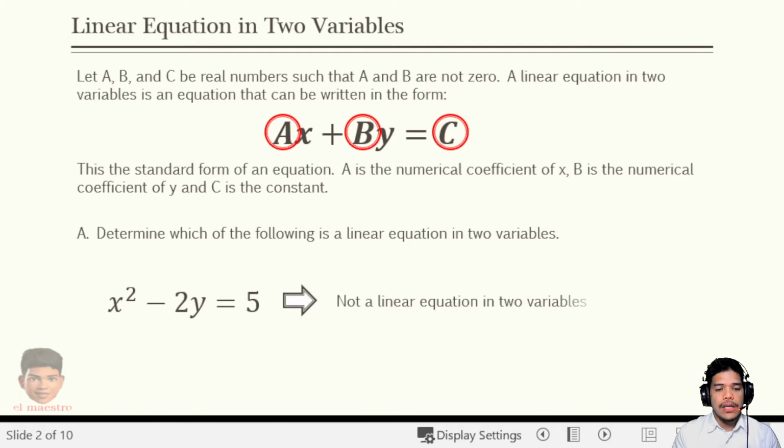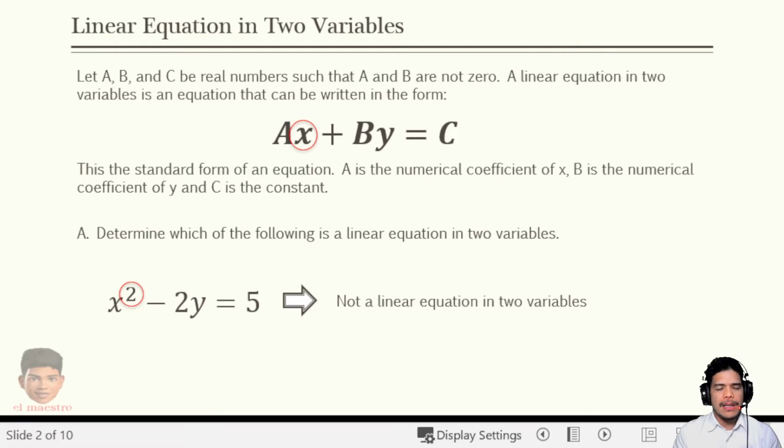So, not a linear equation in two variables. Why? Tingnan natin. This example, meron siyang squared. Diba? Yung x niya naka-squared. But in our standard form, walang squared yung x natin. So, dyan pa lang malalaman natin na yung x squared minus 2y is equal to 5, hindi pala siya linear equation with two variables.